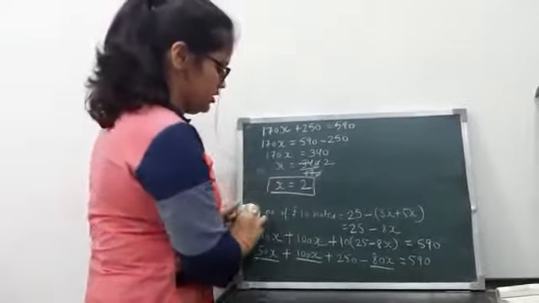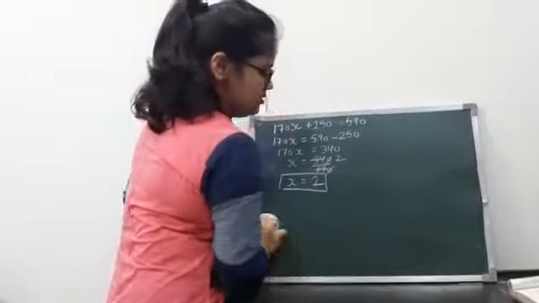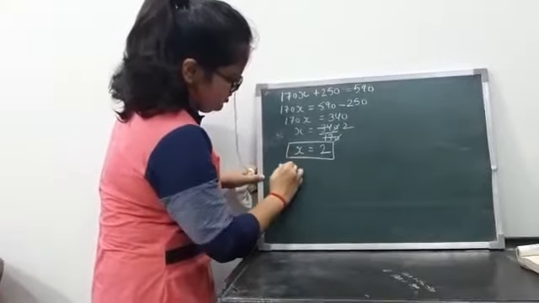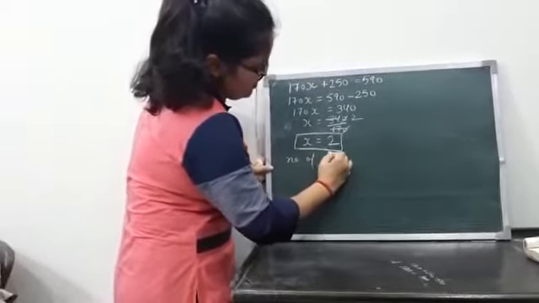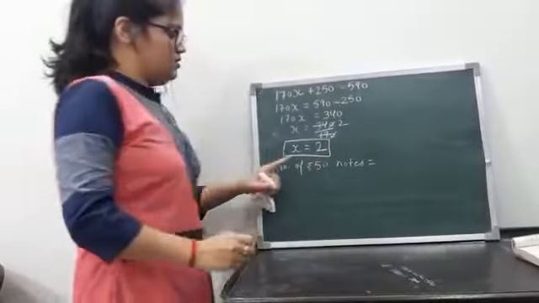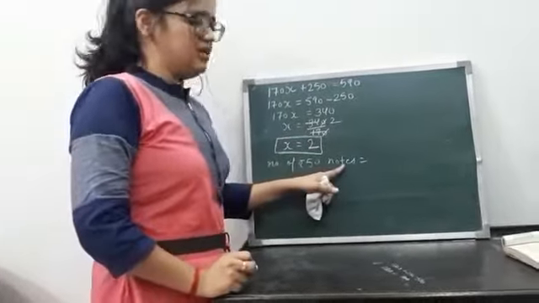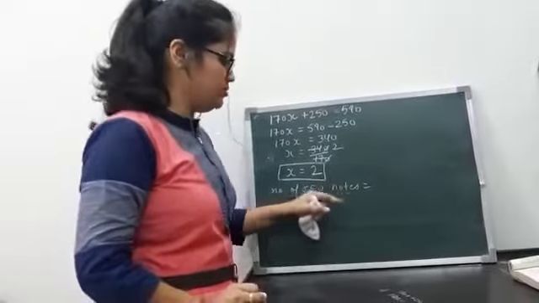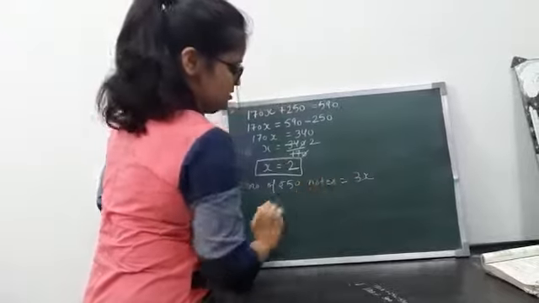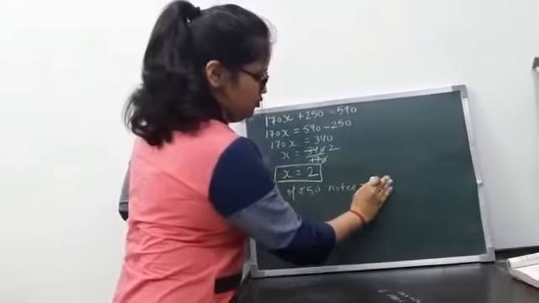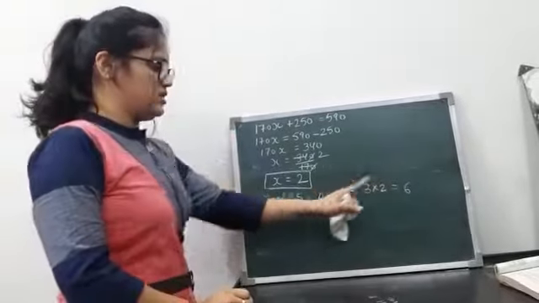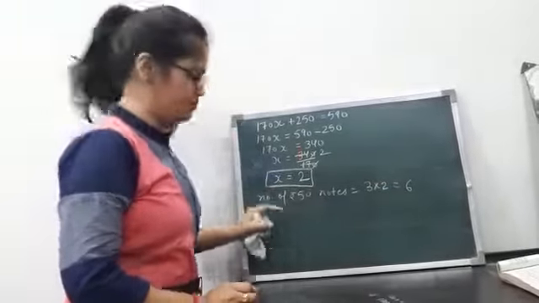Now let us find the number of 50 rupee, 20 rupee and 10 rupee notes. The number of 50 rupee notes: what did you consider in the beginning? The number of 50 rupee notes was 3x, and x is 2. That means 3 multiplied by 2 is equal to 6. She has 6 notes of 50 rupees.